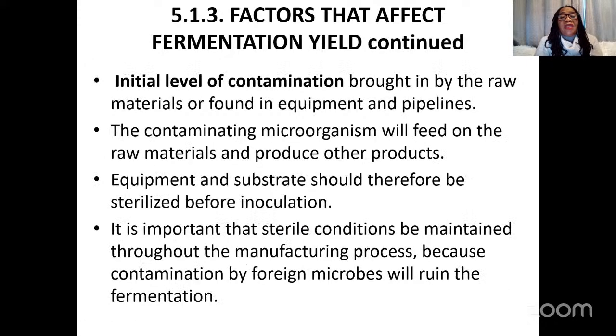You have the initial level of contamination. If there's a lot of contamination, then you have different types of microbes that will be feeding on the raw material that you have, producing other things that you don't desire, and so reducing the yield of the particular product that you need.